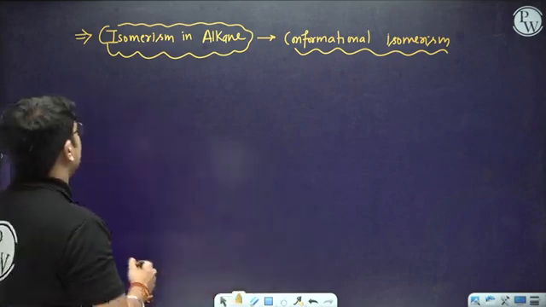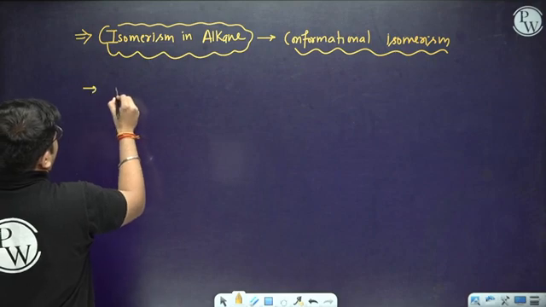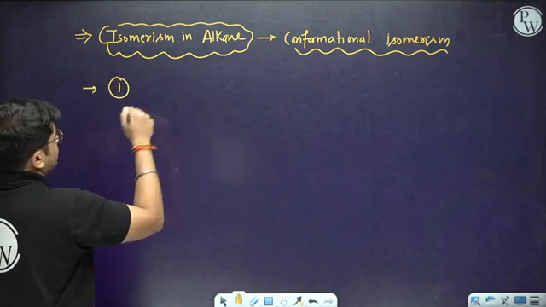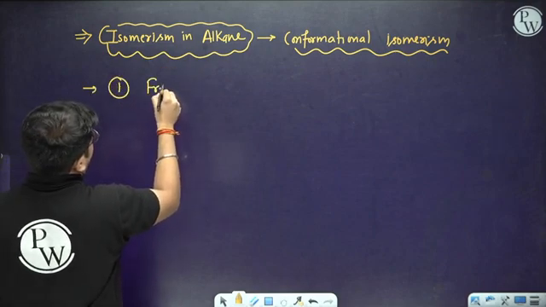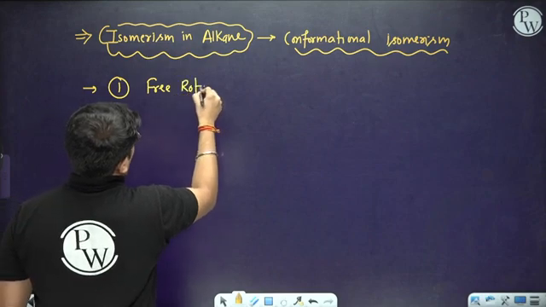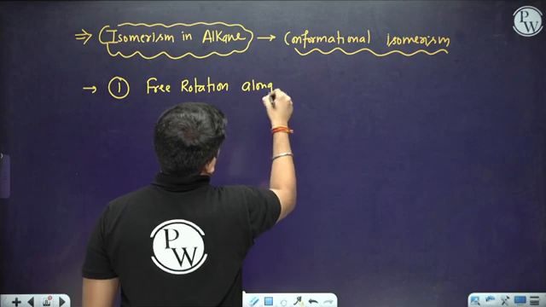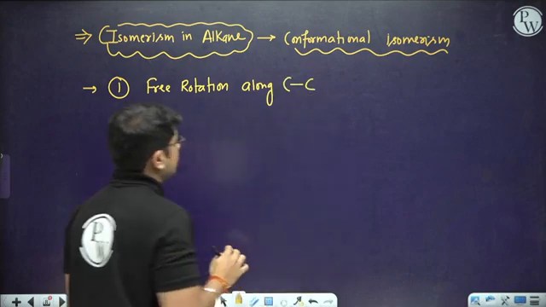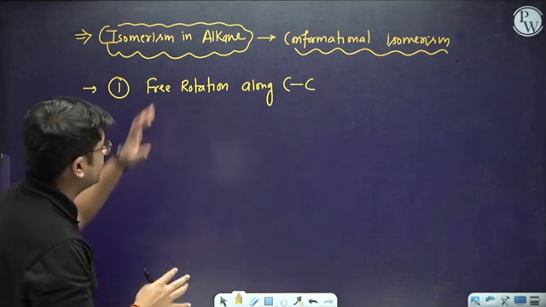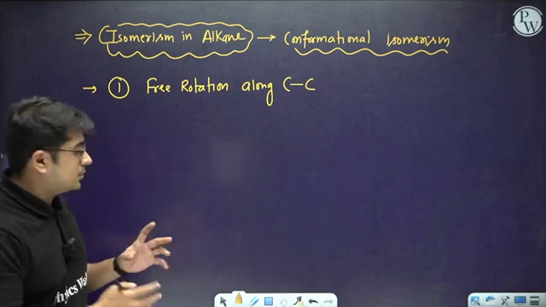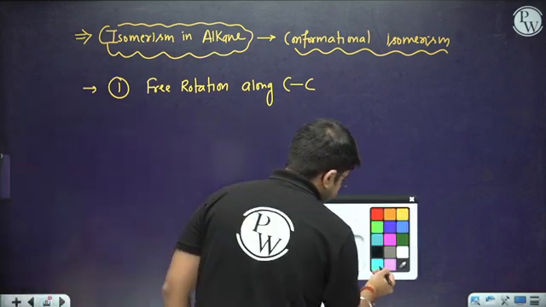So what happens in this particular case? First of all, the condition for conformational isomerism is free rotation along a carbon single bond carbon. The first condition required is free rotation along a carbon single bond carbon. What happens in these types of isomers?